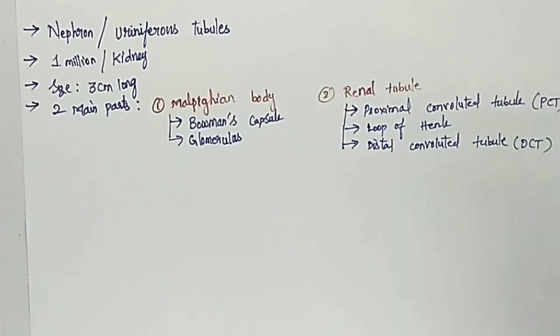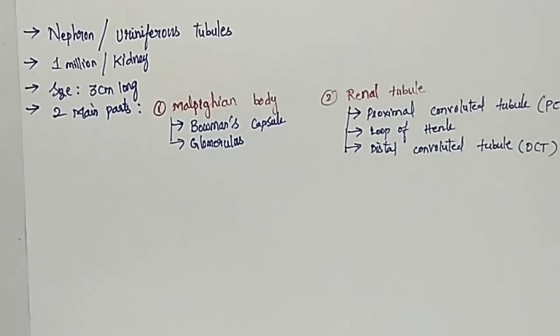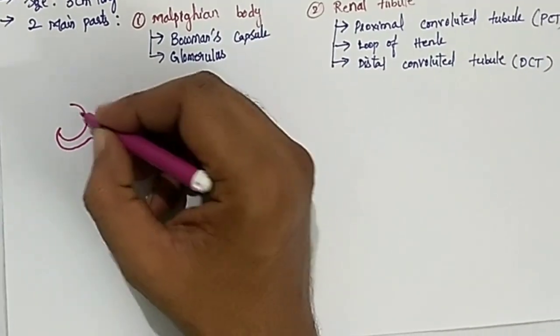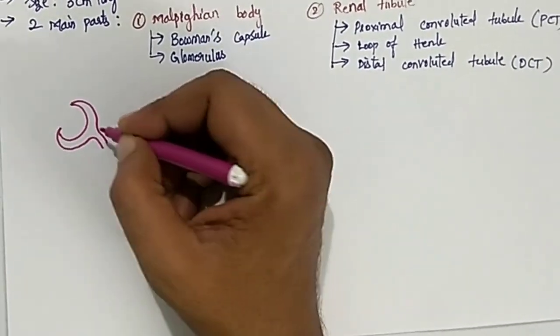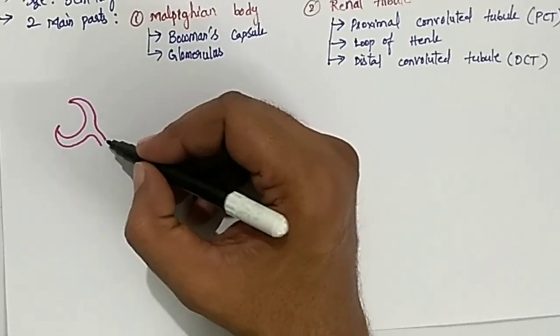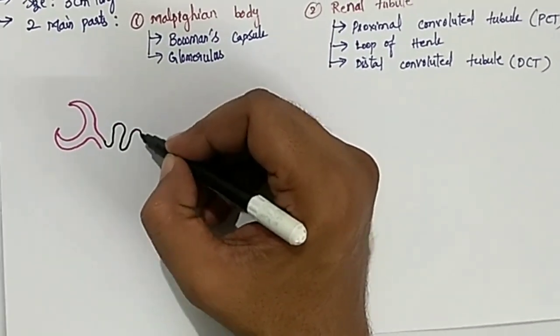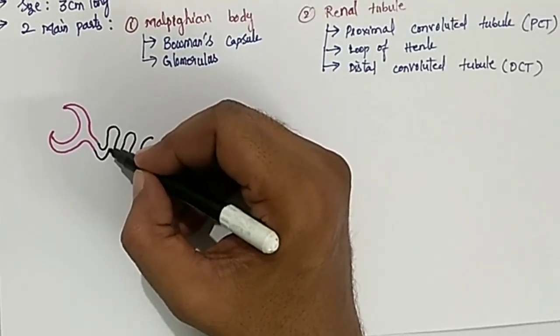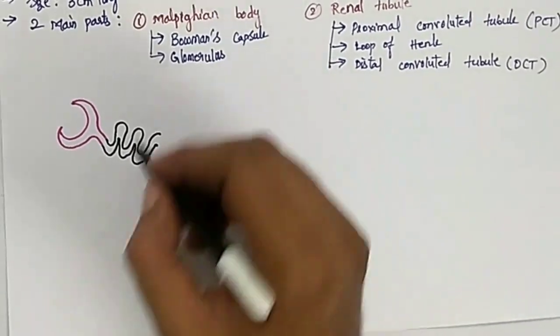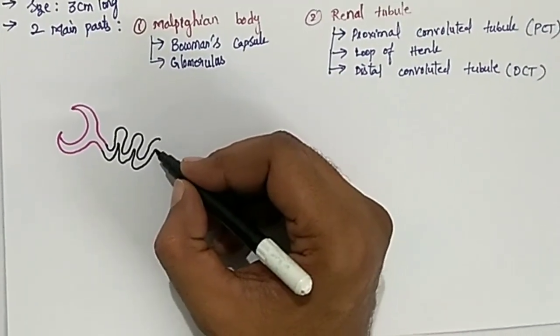Now let us draw the structure of the nephron. A cup-shaped structure called Bowman's capsule here, and the next structure is the PCT. These are folded structures, convoluted, the proximal convoluted tubule.